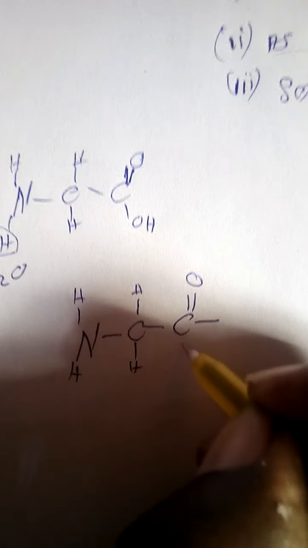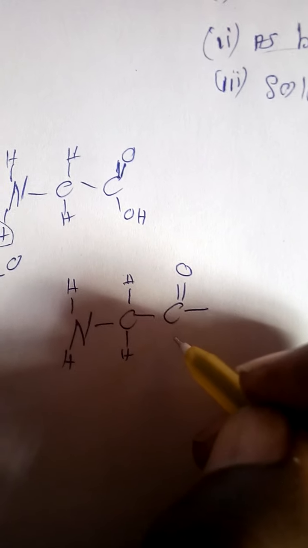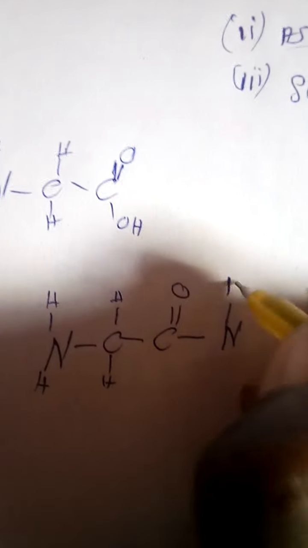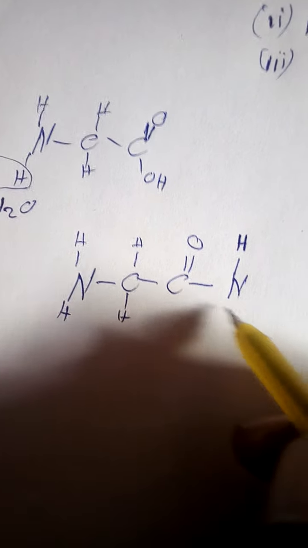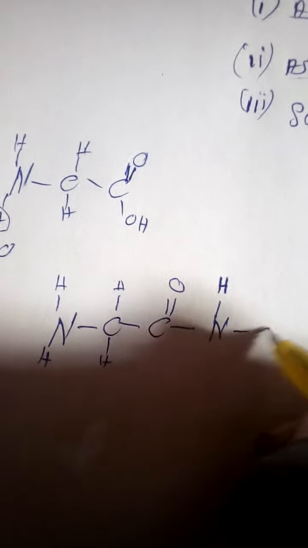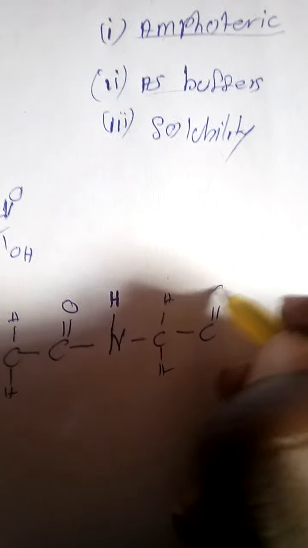It was supposed to have an OH, but since it has reacted with the hydrogen from this side, I remain with one H. Then C continues to give me C, then the carboxyl group at the end here.